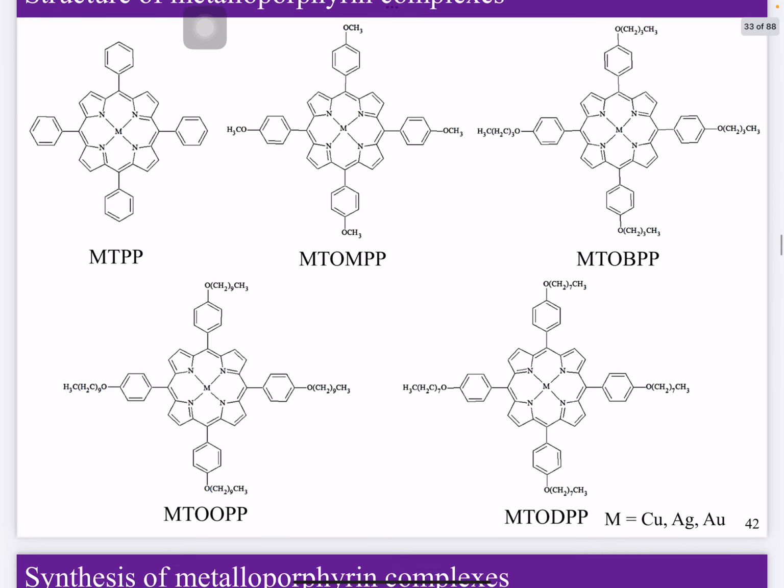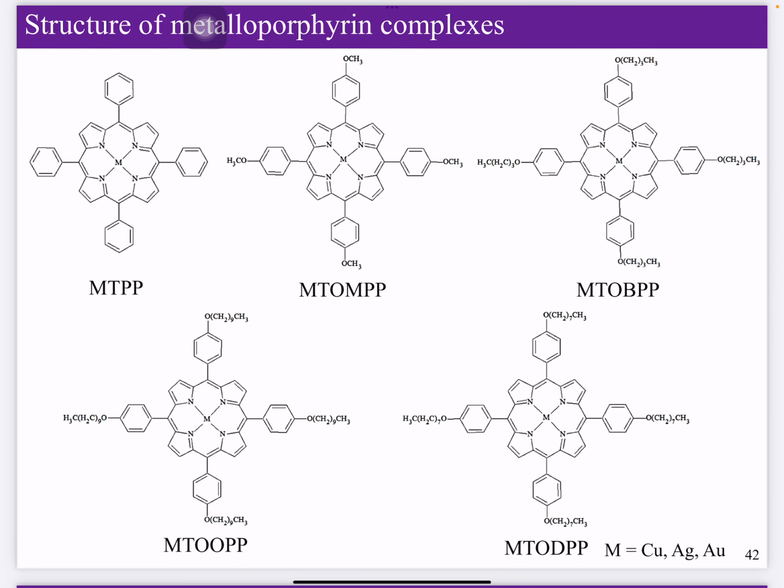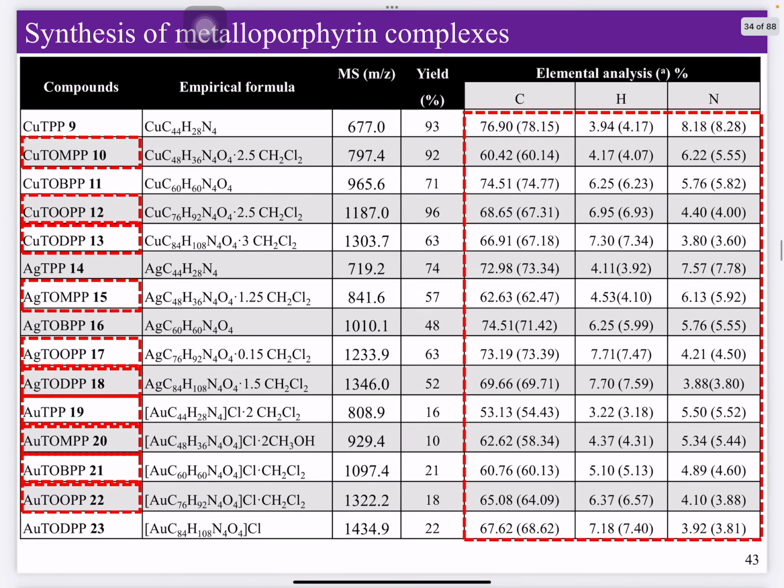After we get the free base porphyrin, we prepare the metalloporphyrins by adding the metal into the center hole, using copper 2+, silver 2+, and gold 3+. The results show very good yield for copper. We get more than 90% for copper TPP.